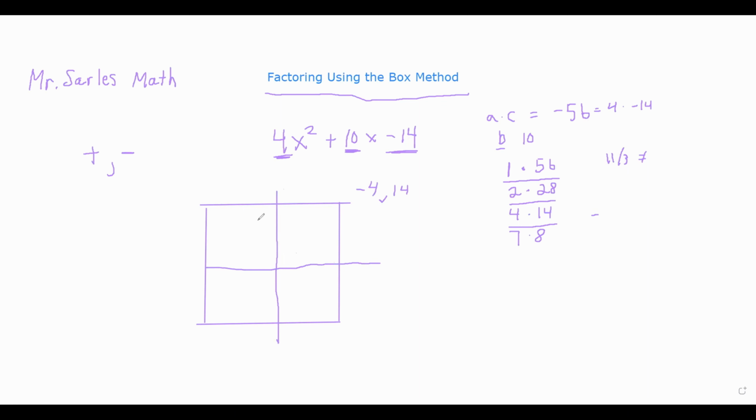Okay, so we are going to put 4x squared in the top left. We're going to put the constant, negative 14, in the bottom right. And we're going to take our two numbers that we found, negative 4 and 14, put them in the box as well, and just multiply them by x.